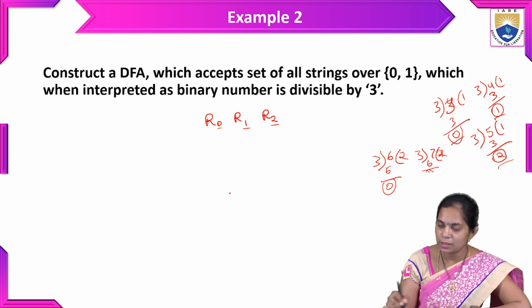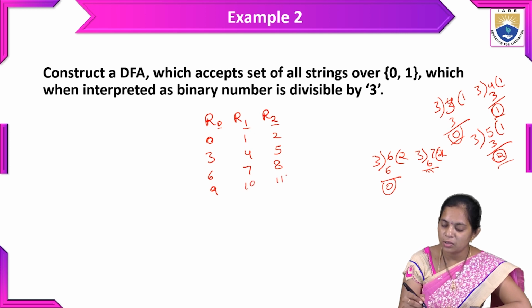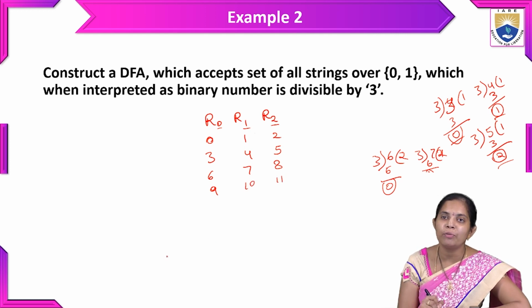So if we get 0 remainder, what are the values? 0 initially we will take, and 1, 2, and next 3, 4, 5, 6, 7, 8, 9, 10, 11. Like that we can write n number of values for the divisible by 3.